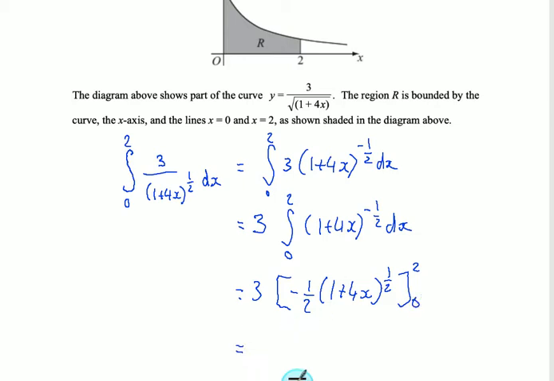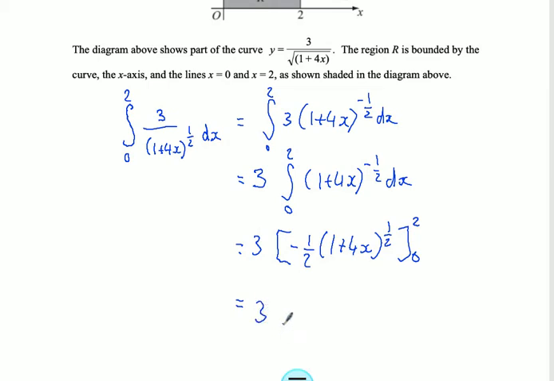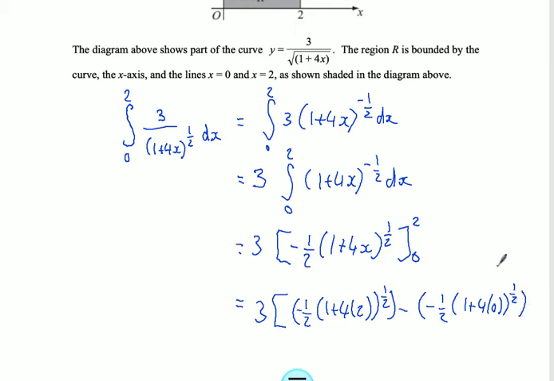So this is 3 lots of, and then if we substitute in our correct values, so that's 1 plus 4 lots of 2 to the power of a half, subtract... Okay, and we end up with 3 lots of 1, which is 3.